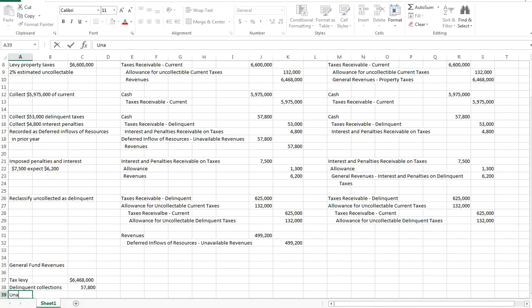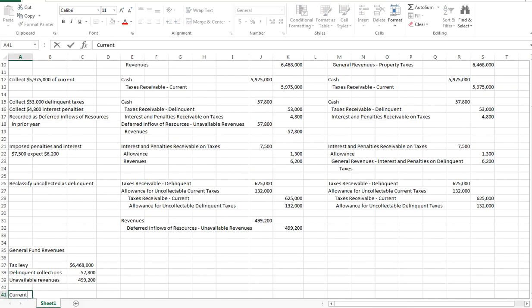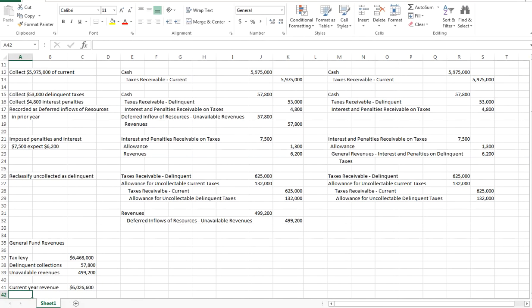And then we have unavailable revenues. And that is $499,200. And so our schedule shows current year revenue is going to be our tax levy plus our delinquent collections minus our unavailable revenues. Now, does that make a little bit more sense to you? Hopefully it does.